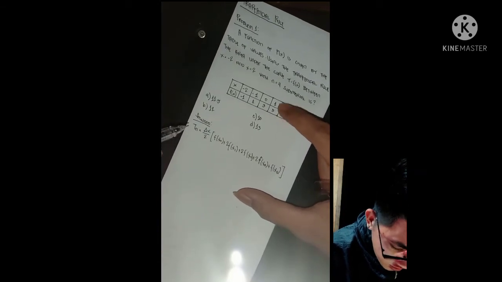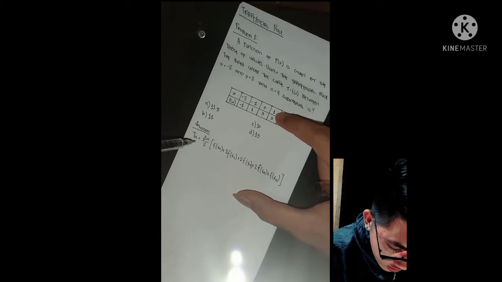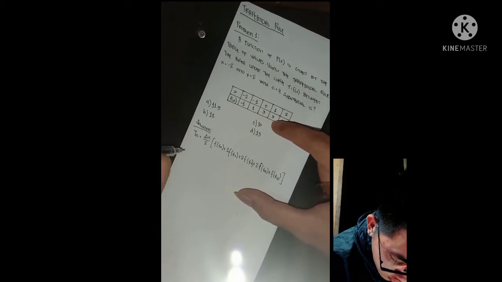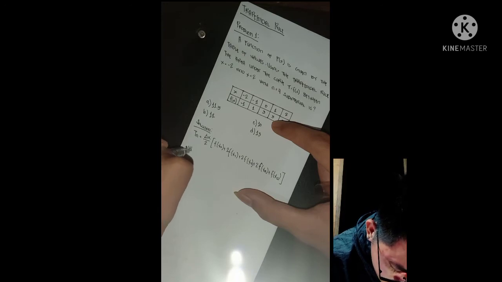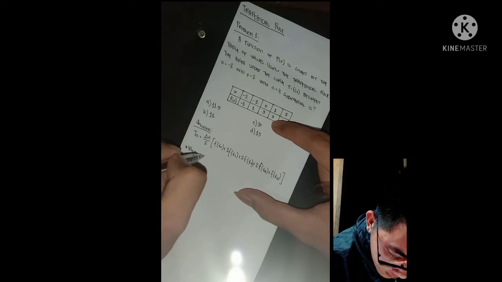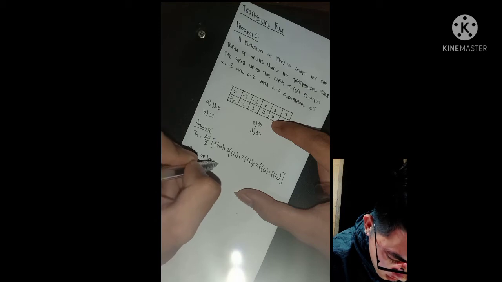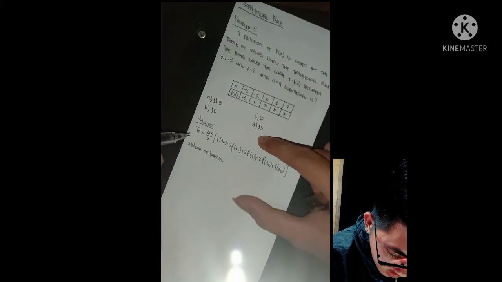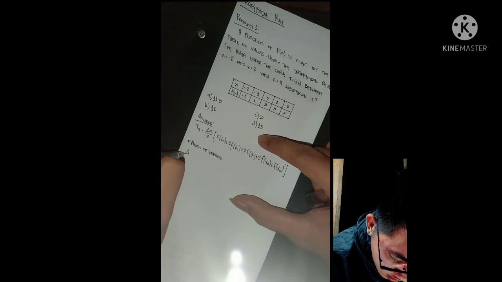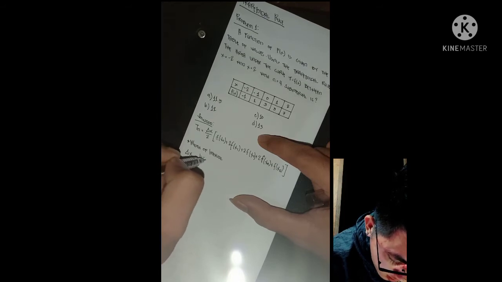Since we don't have the value of the width of the interval, our formula for the width of the interval is b minus a all over n.